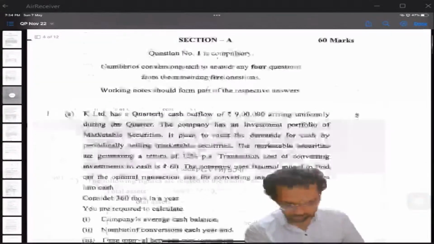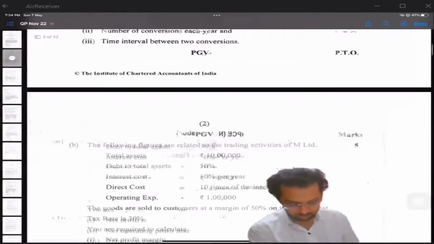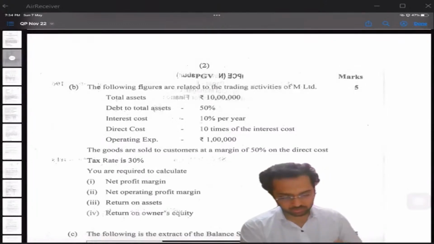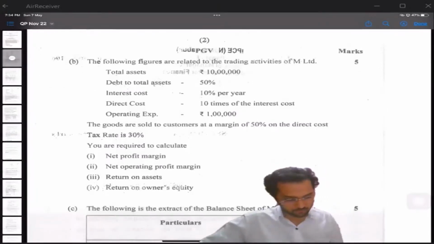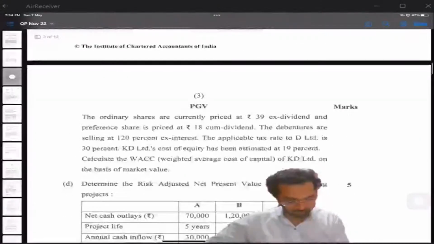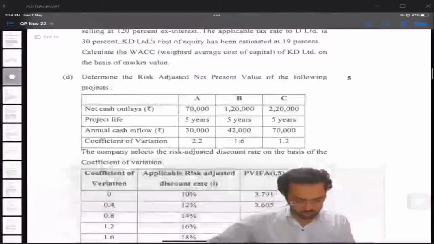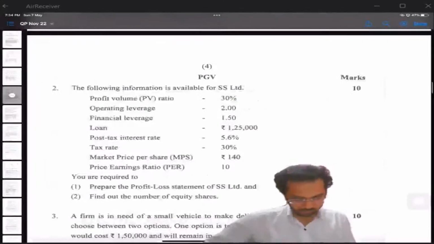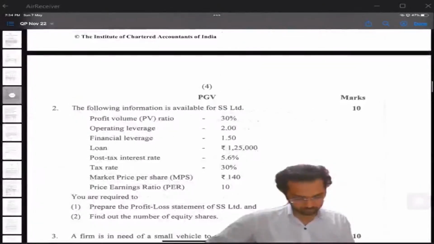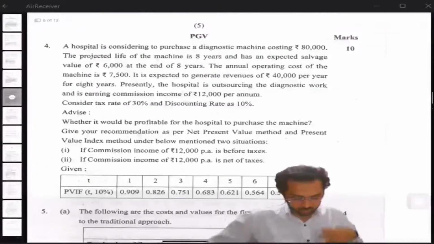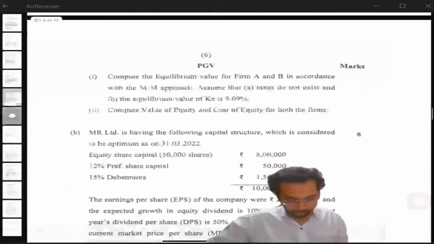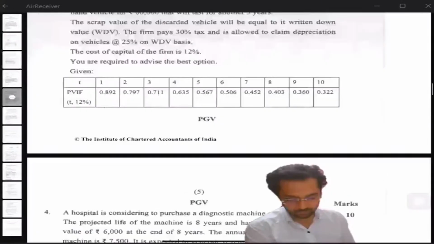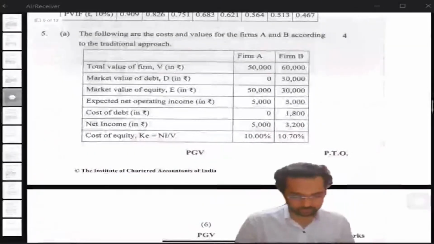Let's try to solve a question from here. This is a question which is based on ratio. And one more question we'll take up, which is based on this question 5A. Let's try to solve this question first.